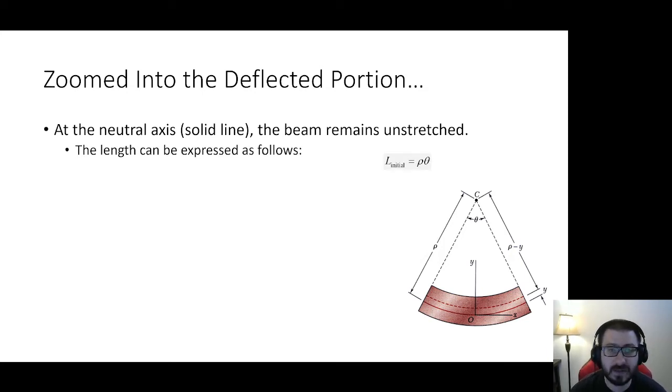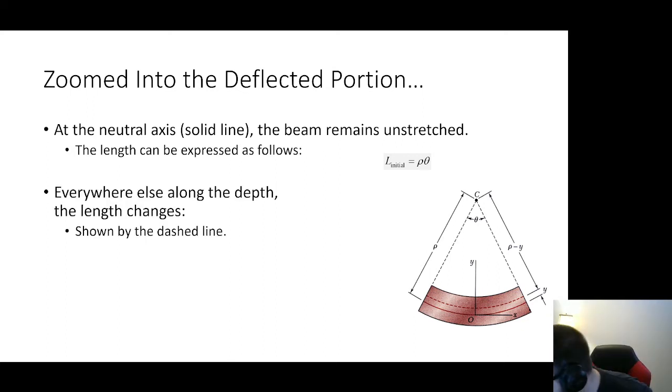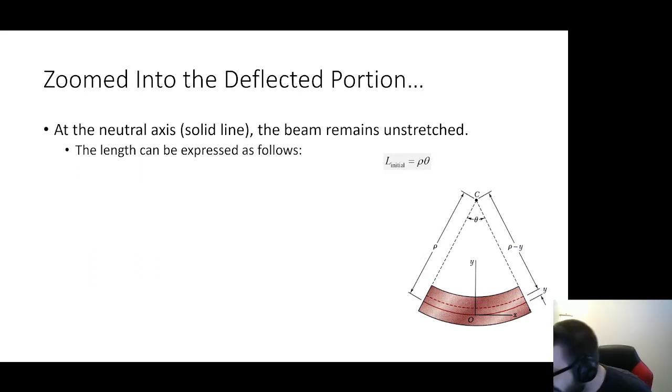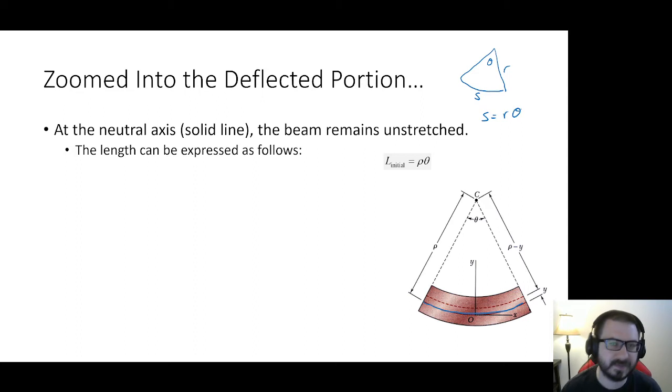So the first thing I want to express is the initial length. What the initial length means, let me use a different color here, let's use blue, is I'm talking about this length right here. The formula comes from some really basic geometry: if I have an angle here and a radius here, and I want to determine the arc length, it is r times theta.